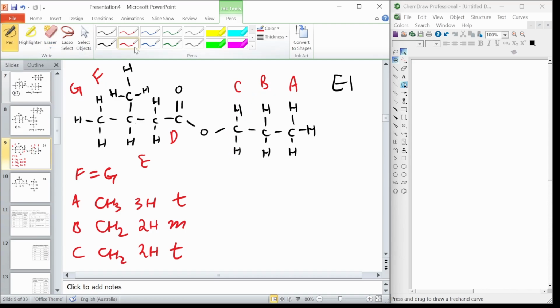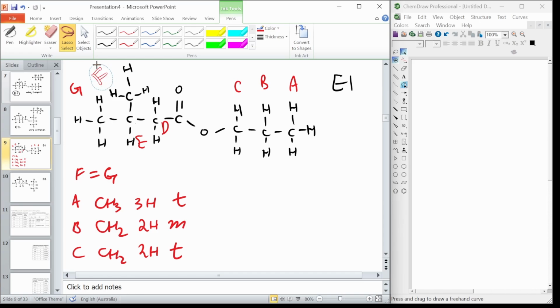Right. Now we're going to the left-hand side of the molecule. We're going to go to D. Just move all these closer so we know what's going on.